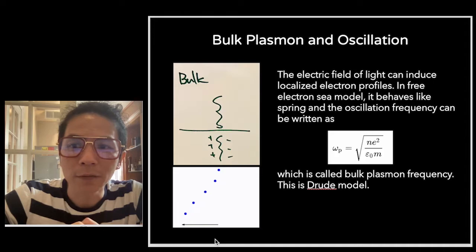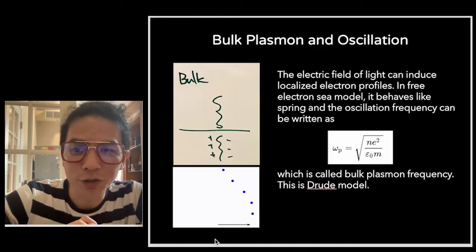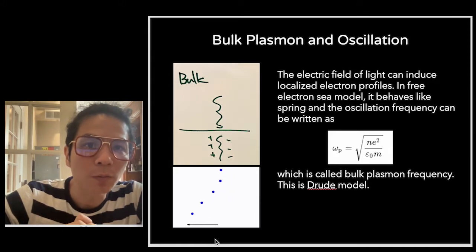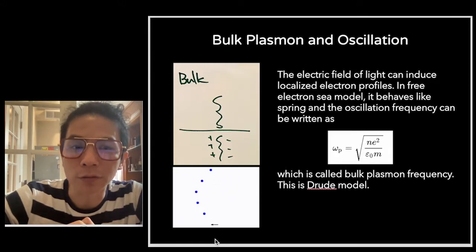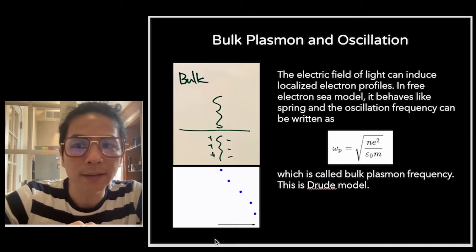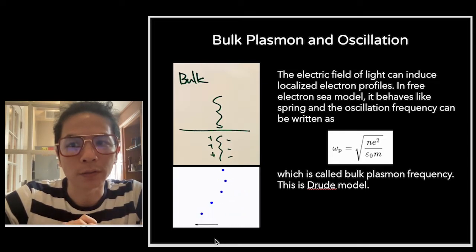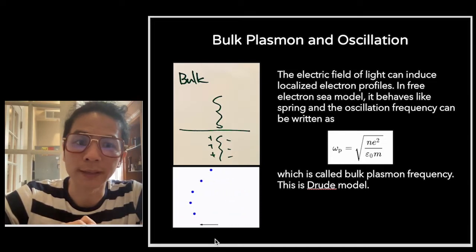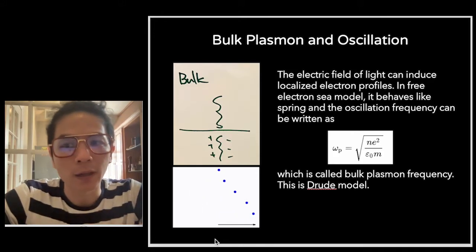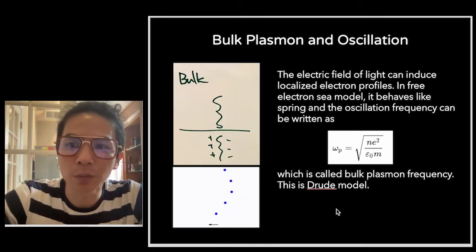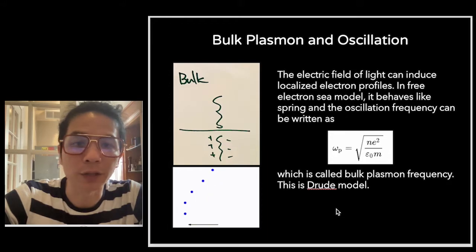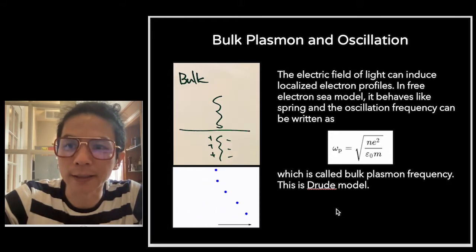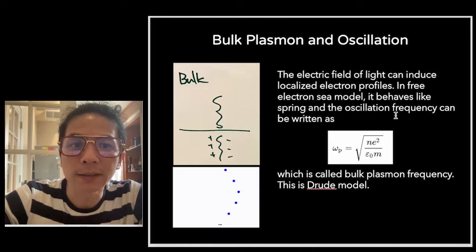And you might find that this is pretty close to spring motion. That is why sometimes bulk plasmon can be understood or calculated with the equation that deals with spring motion, which is the Drude model. This is pretty simple, and if you think of the spring constant, you can calculate the oscillation, which is this one.